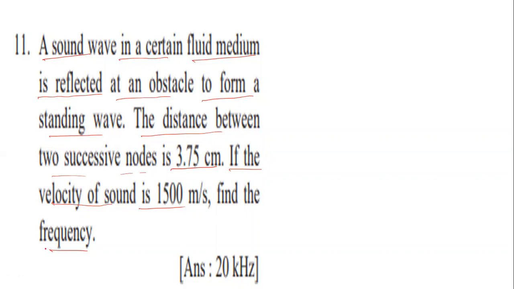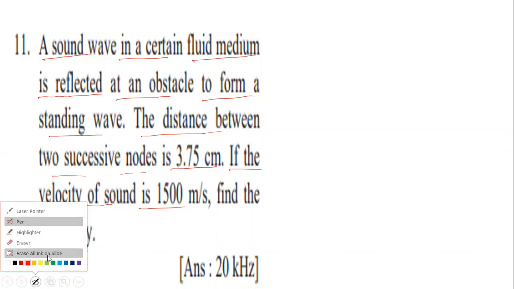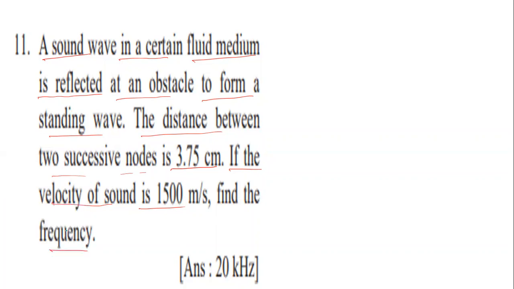So let's first write here, given, we have to solve this problem. Let's write the solution. First, given, here the distance between two successive nodes is given, but according to the properties of stationary waves, the distance between two successive nodes is lambda by 2.